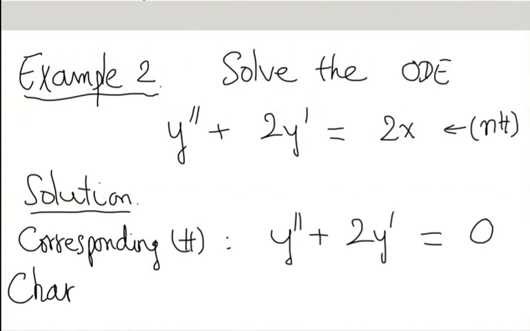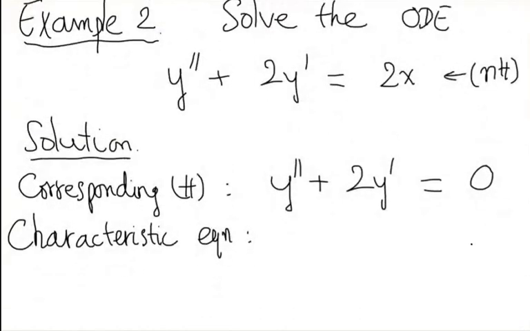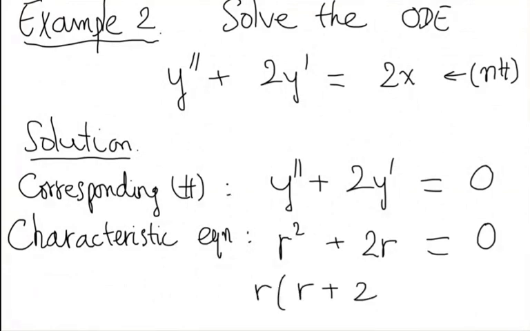Using the characteristic equation, you need to be careful with the characteristic equation. For the double derivative, we have r squared, plus 2y prime will give us 2r. And solve by factoring: r times r plus 2 equals 0.